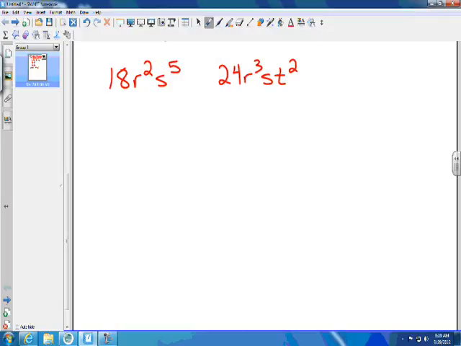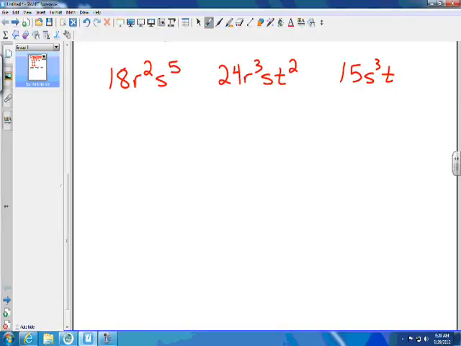And 15 s to the 3rd t. So you could pretend those are your 3 denominators, even though right now they're not. They're just 3 expressions that we're going to simplify or find the common number.